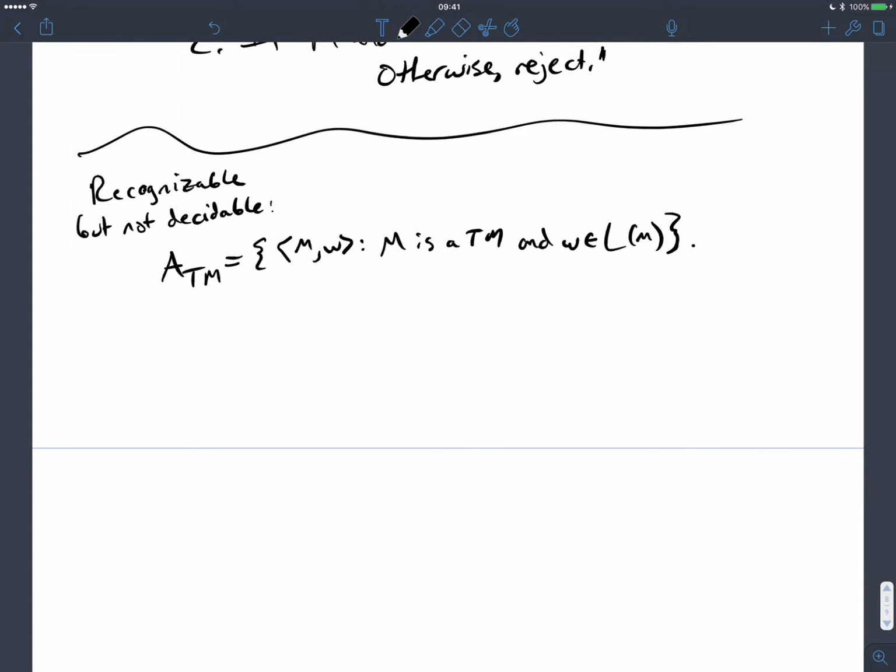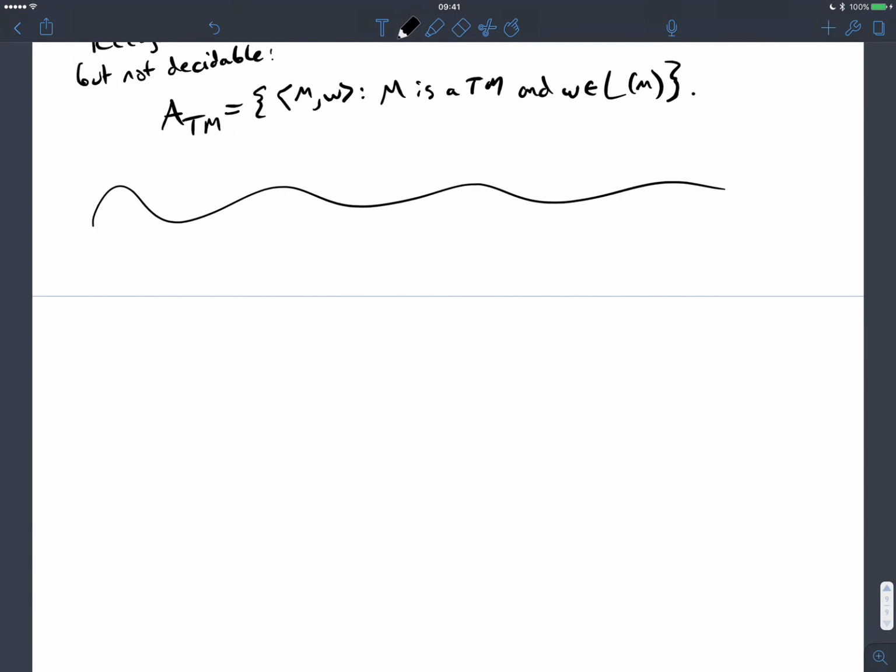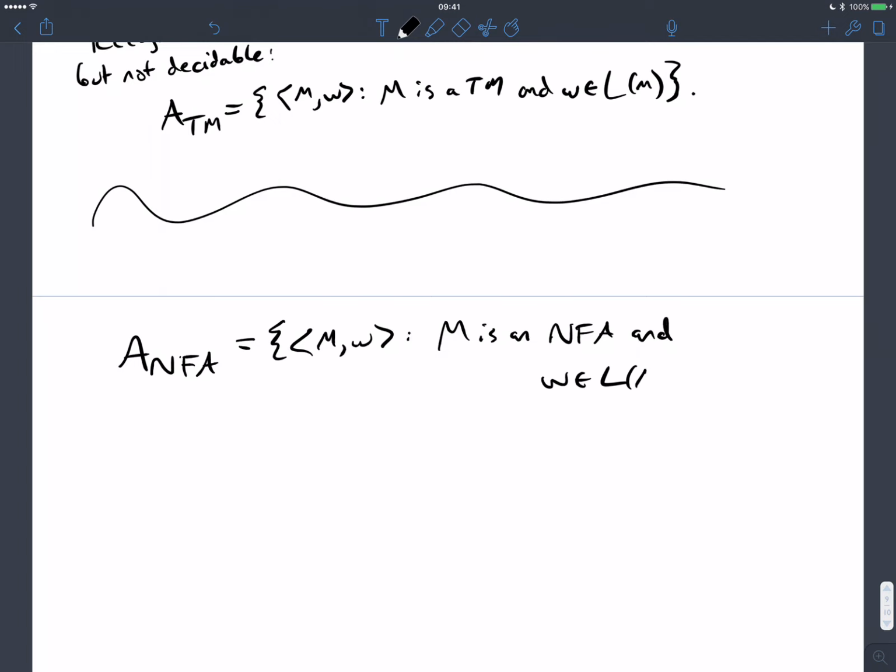Let's do one more decidable one, and then I'll let you go. Instead of ADFA, I want to ask the question about NFAs this time. Exactly the same question, but for NFAs.